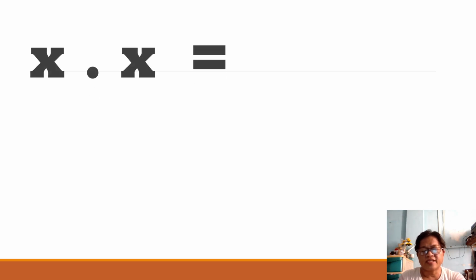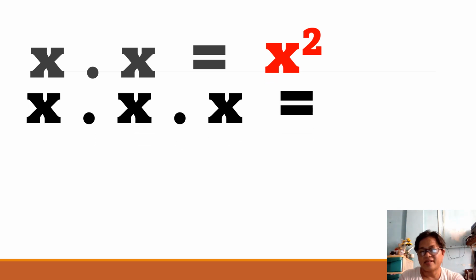Let's try to answer some of these problems. Let's have x times x. Okay, how did you do it? Yes, very good. It is x squared. What about this one? Okay, very good. It is x cubed. What about this one?